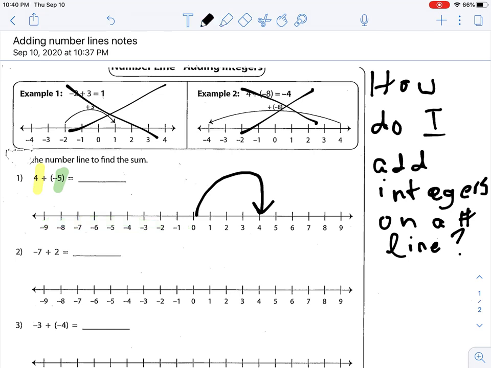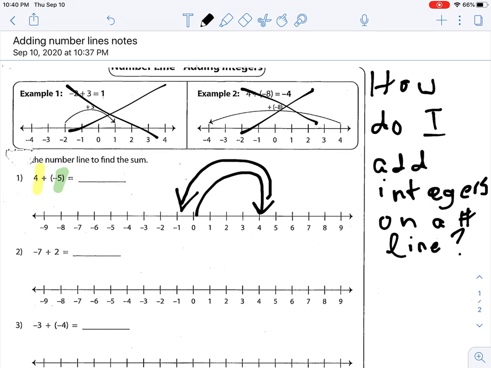So from 4, and what I'm showing you here is just how to count it. So you go 1, 2, 3, 4, 5, which means we're going to end at -1. But I'm not going to keep what I just drew on here. So what we need to do now is we need to go back to -1, and that's our answer.